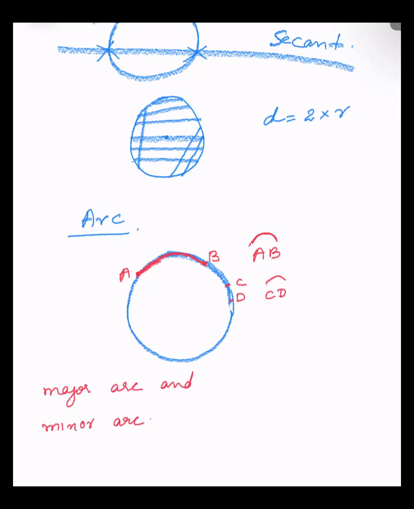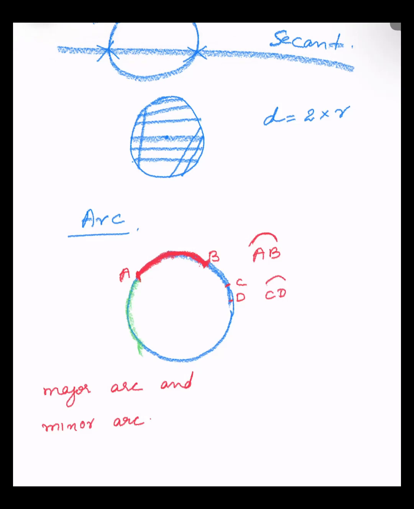So when you look at this, considering A as the starting point and B as the ending point, this is very small, right? When I say arc AB, this is very small. Whereas if I say this part, starting from A to B, I can reach B in two ways.